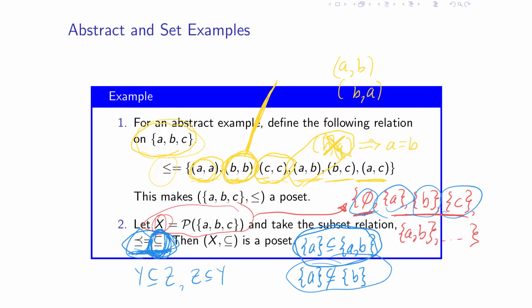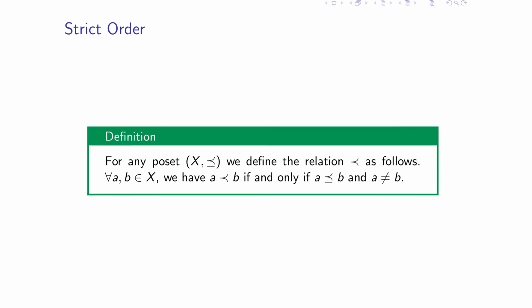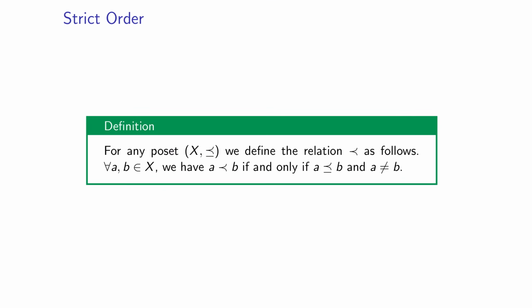Okay, so let's move on and briefly introduce the notion of a strict order, which is defined off the back of our notion of a partial order. We define the strict precedence in the following way.